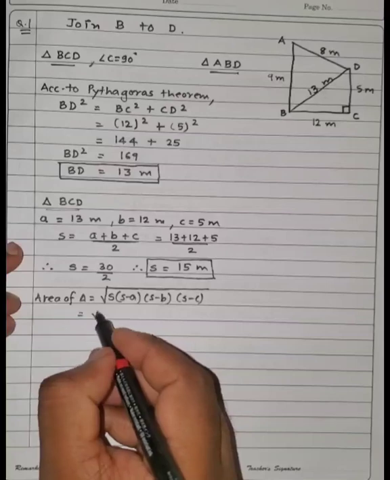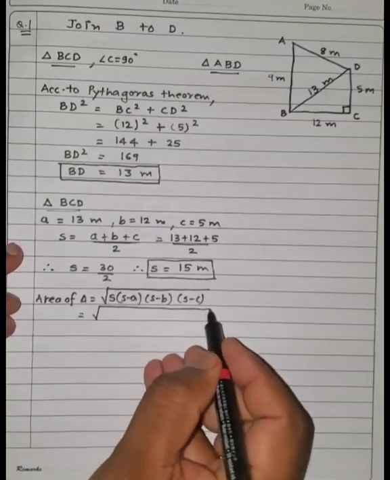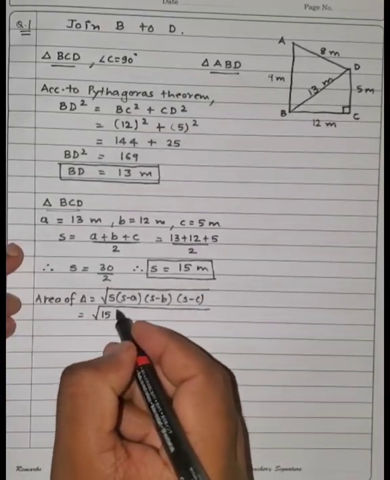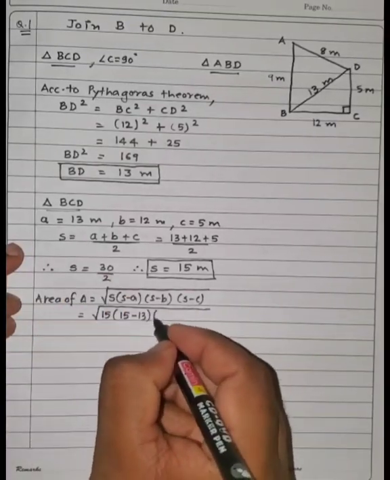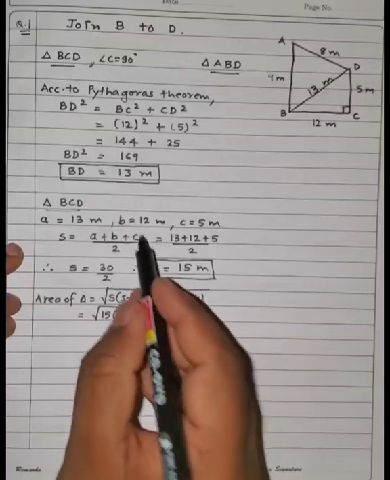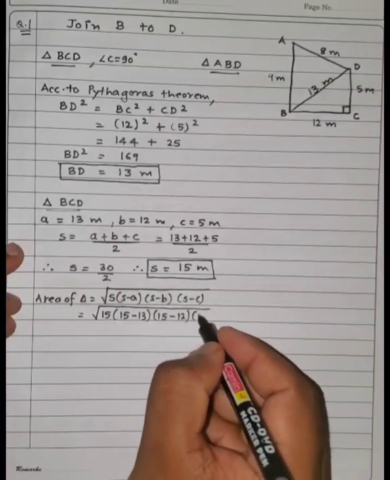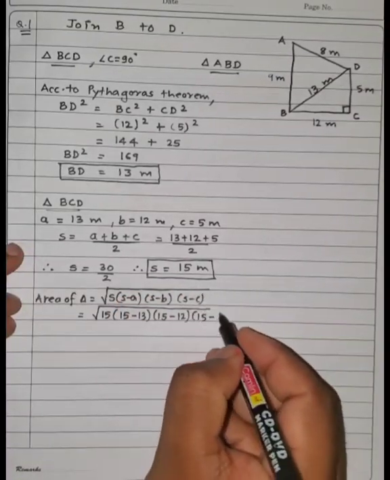The next step, I'll just put the values. s is 15. So, 15 minus a is 13. Again 15 minus b is 12. Again 15 minus c is 5.